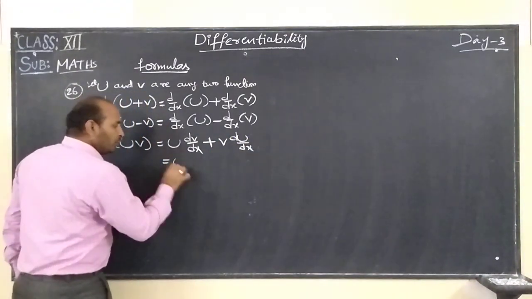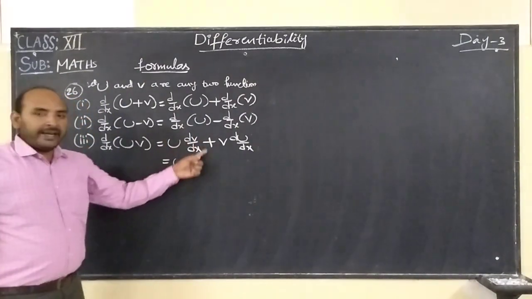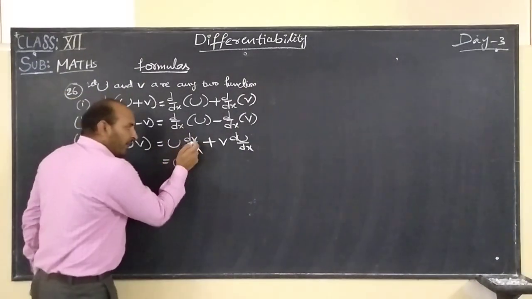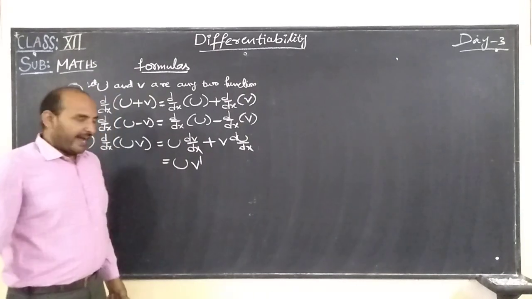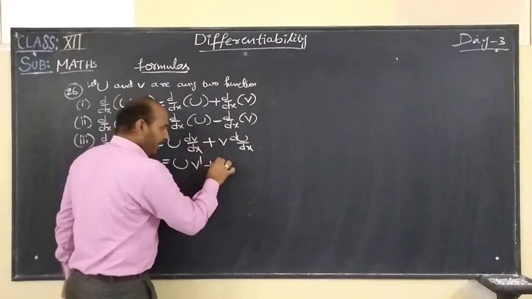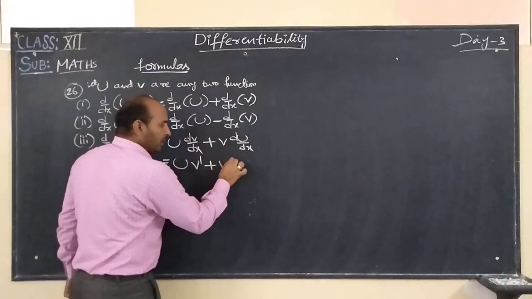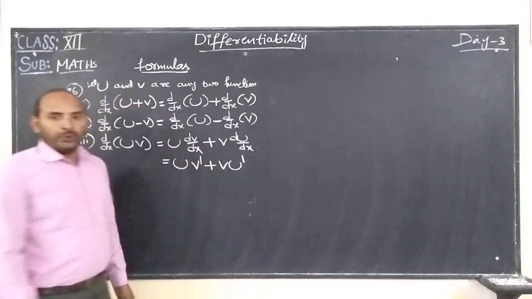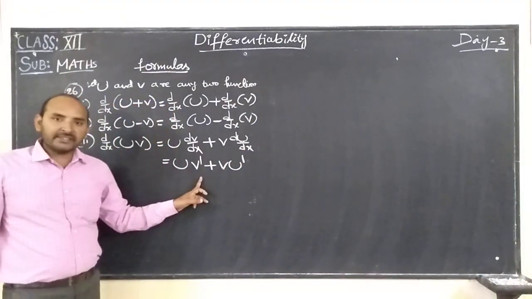You can write it as u v dash plus v u dash.